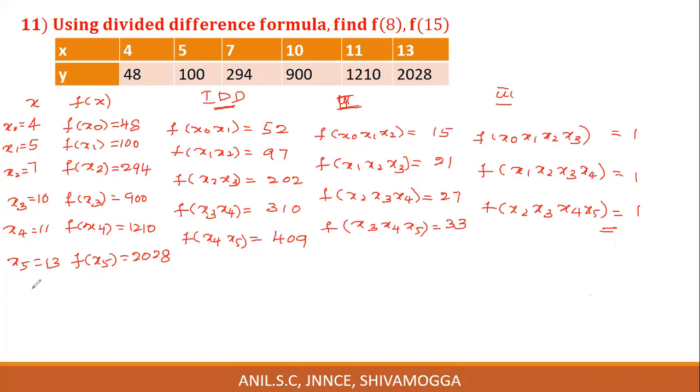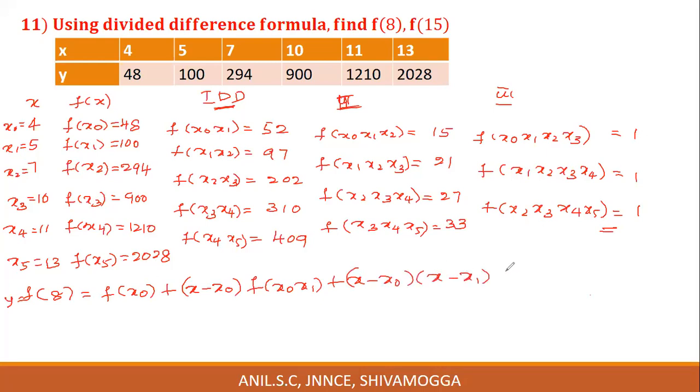Formula will remain same. f of x is equal to f of x0 plus x minus x0 into f of x0 x1 plus x minus x0 into x minus x1 into f of x naught, x1, x2 plus x minus x naught into x minus x1 into x minus x2 into f of x naught, x1, x2, x3.